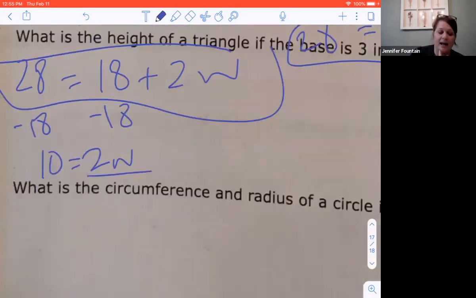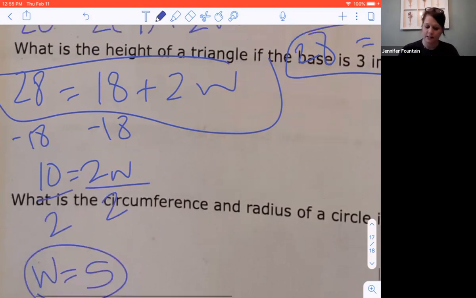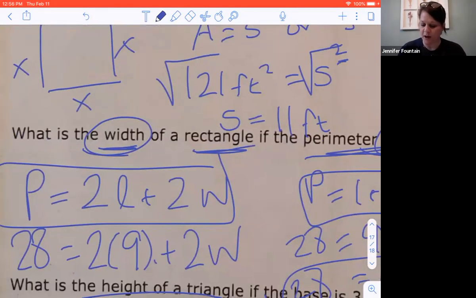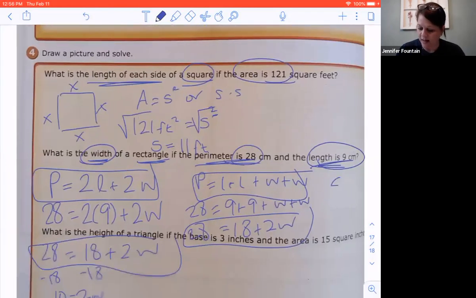Now I have to divide to get 2 and W apart. 2 and W are being multiplied, so I've got to divide both sides by 2, and W equals 5. So now I know that the width of my rectangle is going to be 5 centimeters.